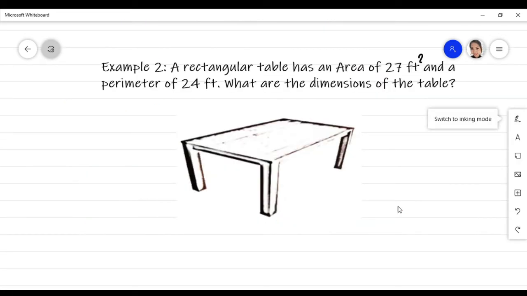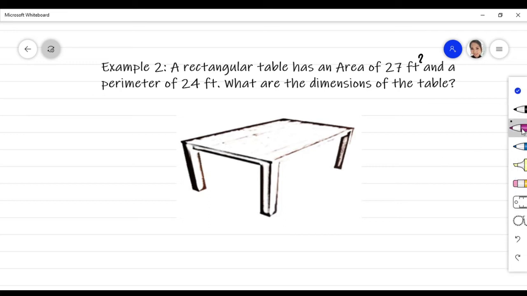Example number 2. A rectangular table has an area of 27 feet squared and a perimeter of 24 feet. What are the dimensions of the table? It's very important that we know the difference of the area and the perimeter. So we know that our table is rectangular, meaning we have the area, which is the product of the length and the width.